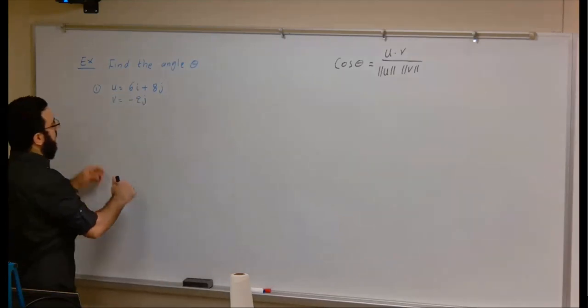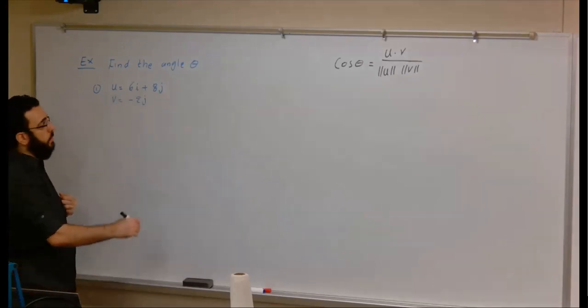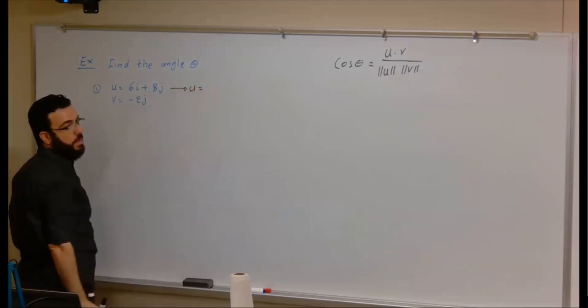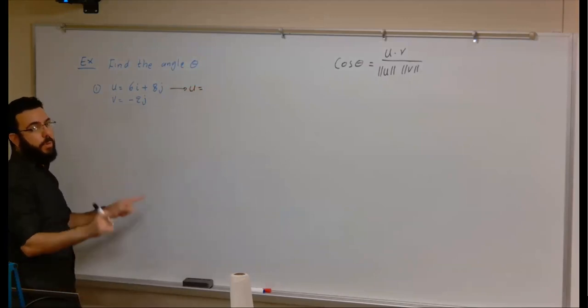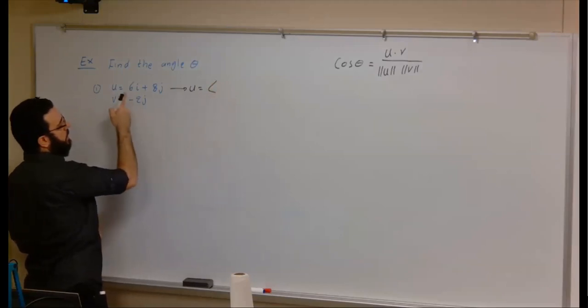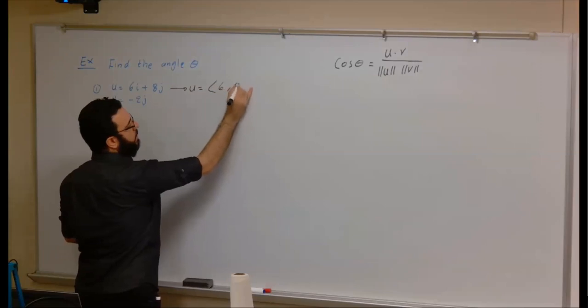So let's check here. Can I write down this U as a component form? Remember that. U equal what? Write down as a component form. 6, 8.